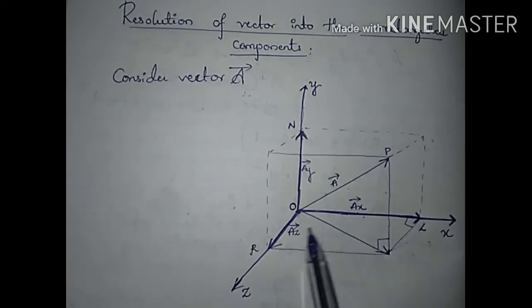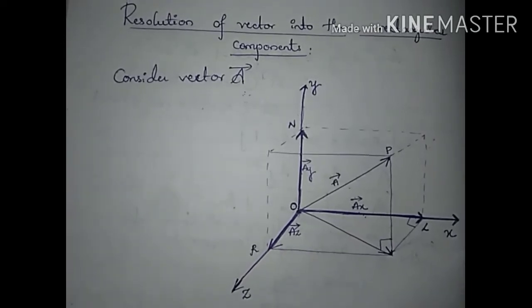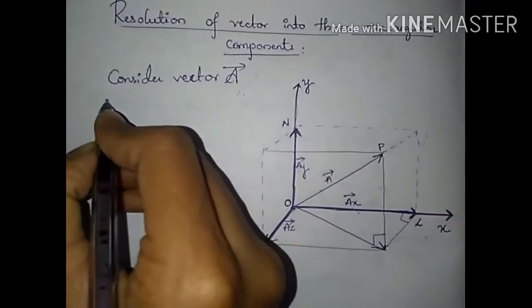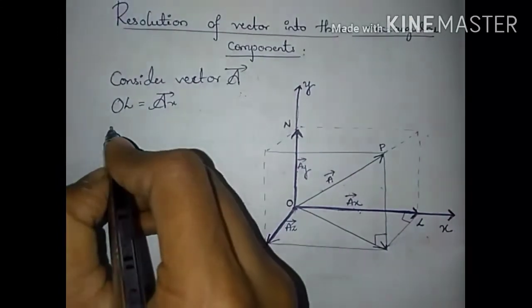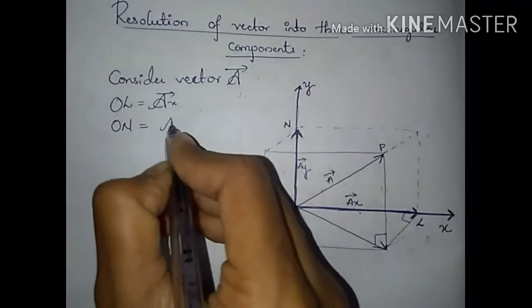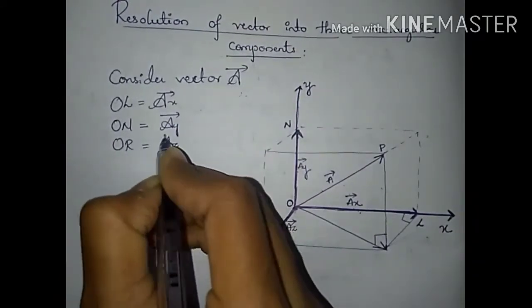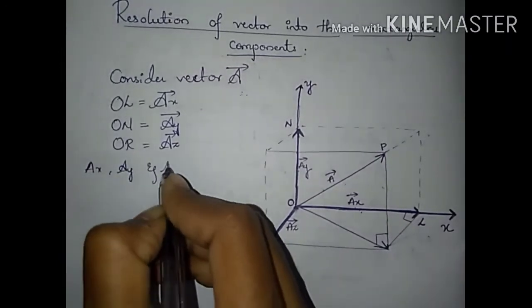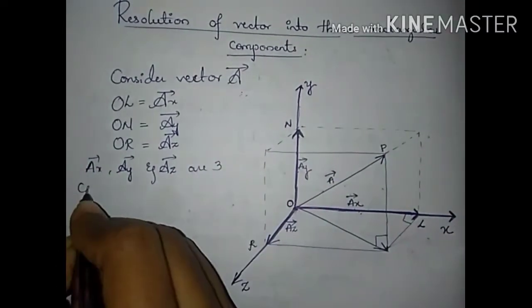So these 3, AX, AY, AZ, are the components of vector A in 3 dimensions. So OL is equal to vector AX, ON is equal to vector AY, and OR is equal to vector AZ, and AX, AY, and AZ are 3 components of A.